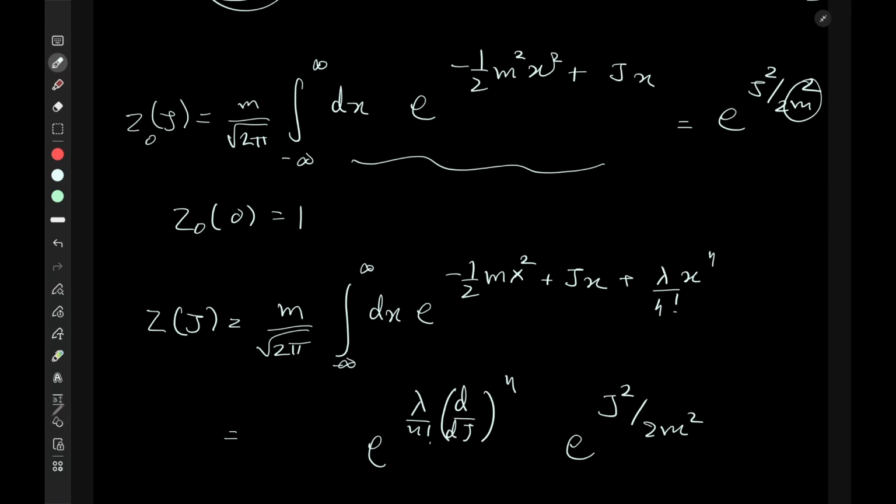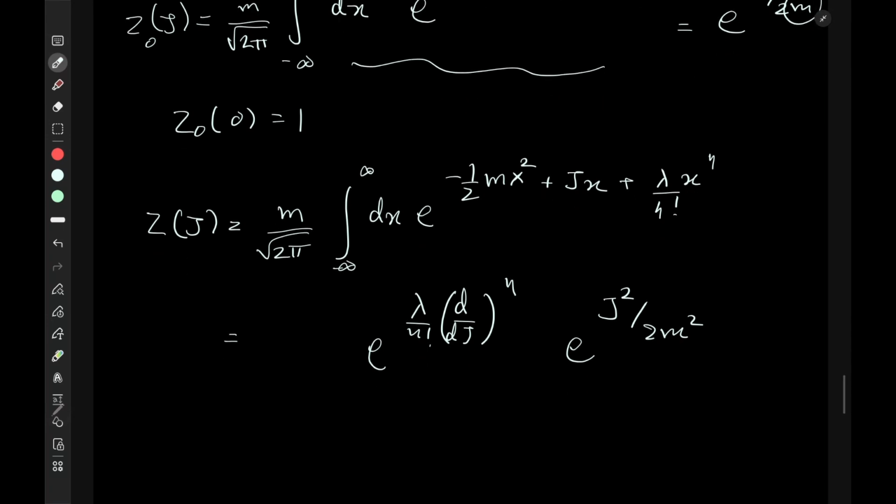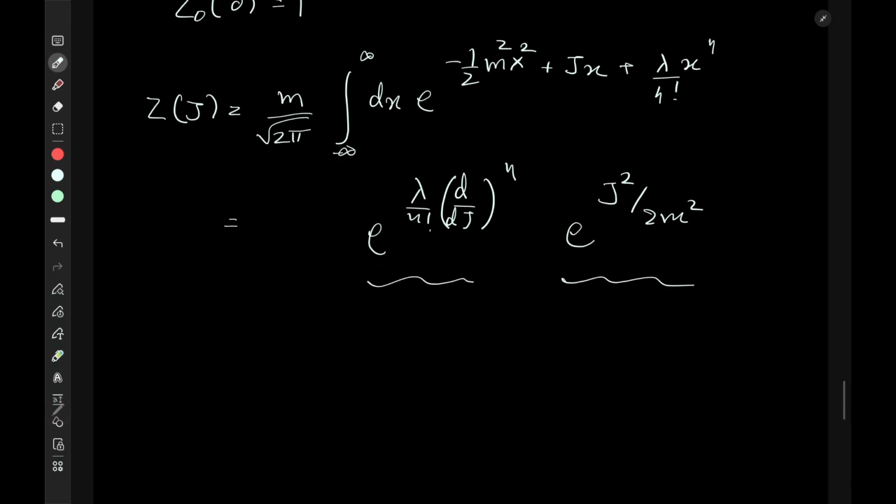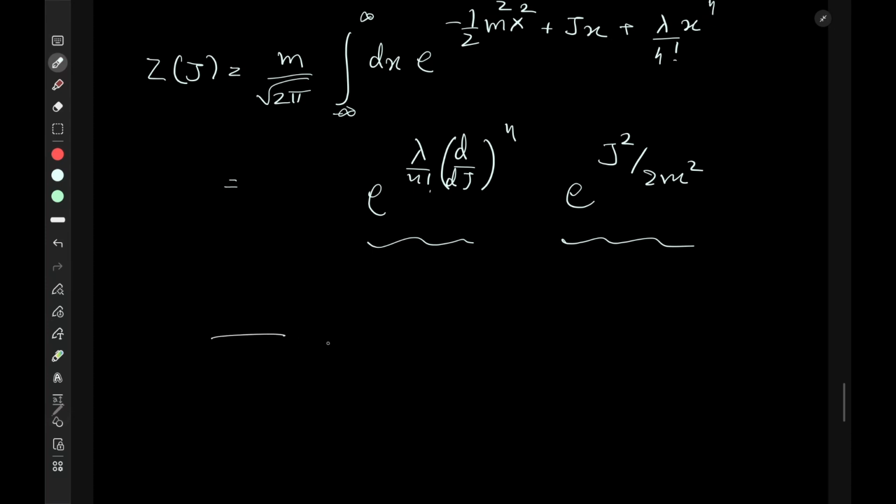Okay, maybe I am just mixing up m squares and m's, but that doesn't matter really. Here it's m squared, so it should be m squared. Then we Taylor expanded both of these, and we made diagrams associated to each of these Taylor expanded terms, but those Taylor expanded terms had disconnected diagrams.